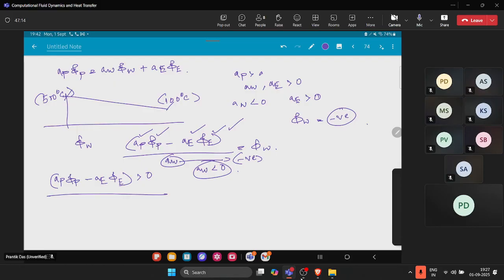So that's why I said the coefficients should be positive. Okay. So if any discretization scheme you are using is unphysical in nature, then you may not get numerical convergence.